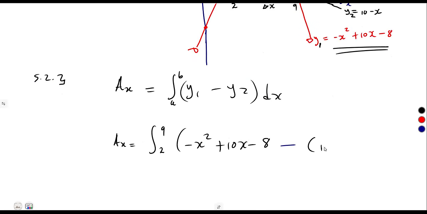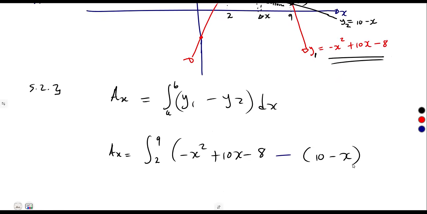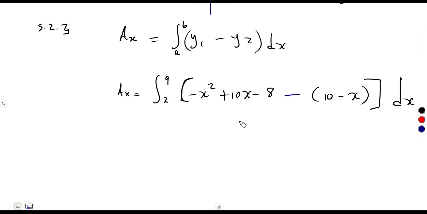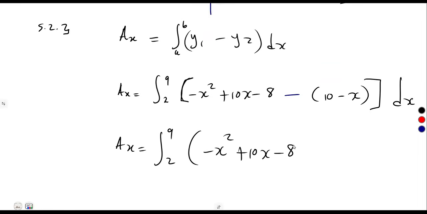We're going to subtract, then apply our integration to find exact values. So that gives us the integral from 2 to 9 of minus x squared plus 10x minus 8, minus 10, and minus times minus x is a positive x.